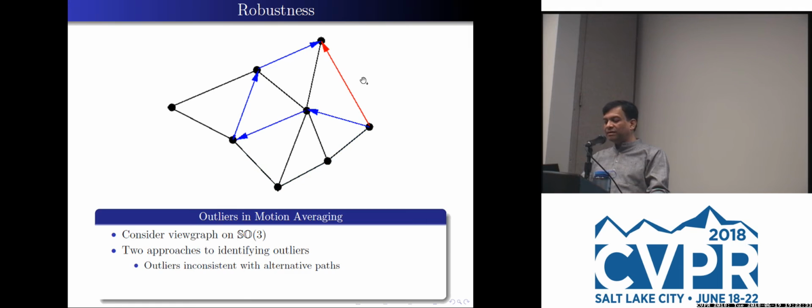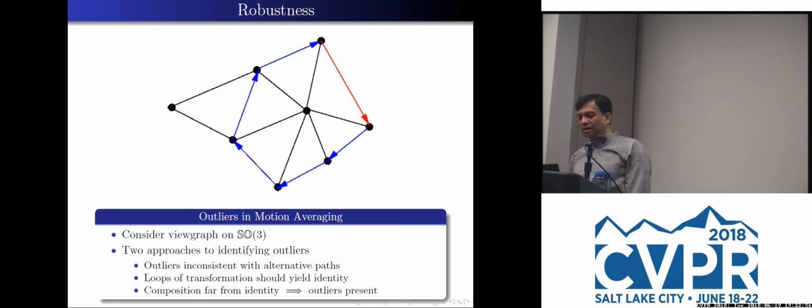So in some sense, the inconsistency with alternate paths in a graph should allow you to figure out which ones are outliers. Because if something is an outlier, and you create a loop here, the overall error should not be 0. It should be high, because it's not consistent with the rest of the data.